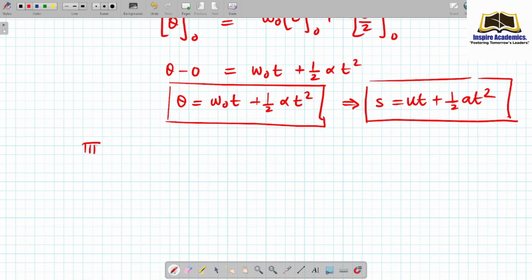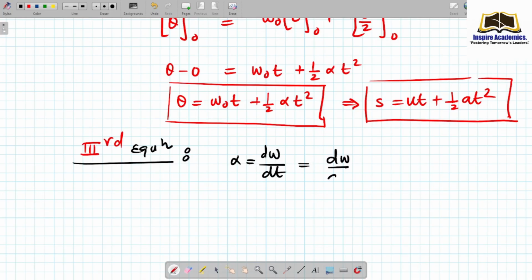Similarly we shall derive the third equation. Here we knew that alpha was d omega by dt. If I multiply the whole thing by d theta upon d theta, I can write also d theta by dt. क्या किया हमने? d theta से ऊपर नीचे मल्टीप्लाई कर दिया.